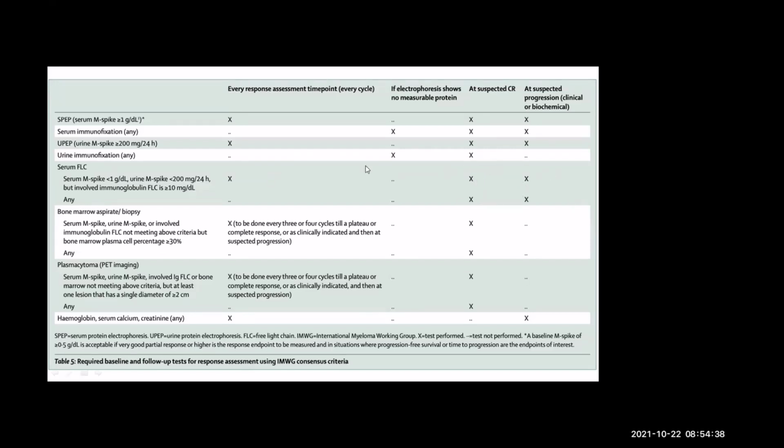Bone marrow aspirate and imaging are required when you want to qualify for a CR. Otherwise, they are not required. So basically, you have to individualize the response assessment method for each patient. This is best decided at baseline, and depending upon the electrophoresis value, you could ask for additional testing so as to qualify for this.